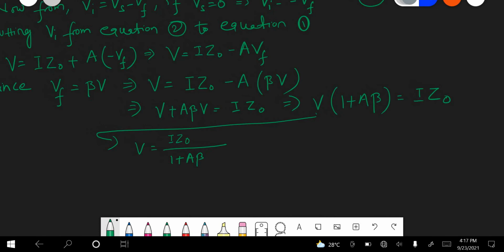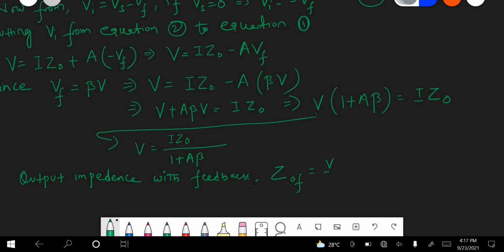So the output impedance with feedback is represented by ZOF.